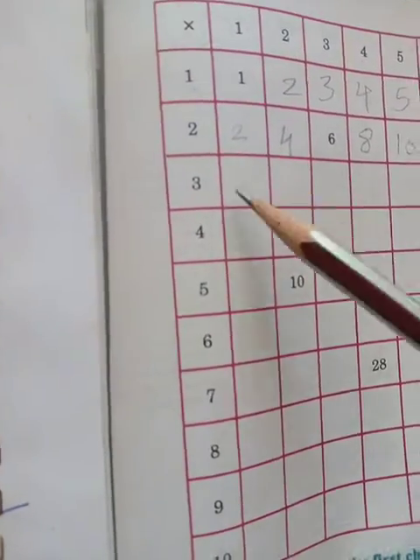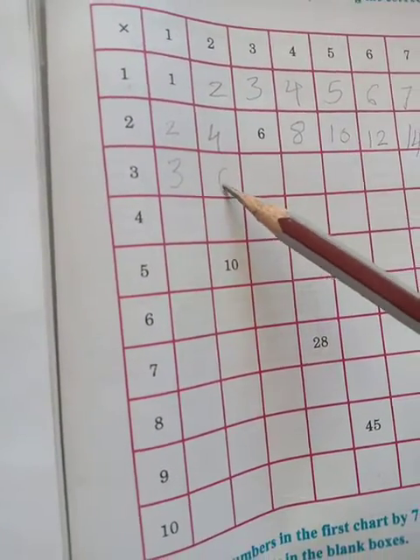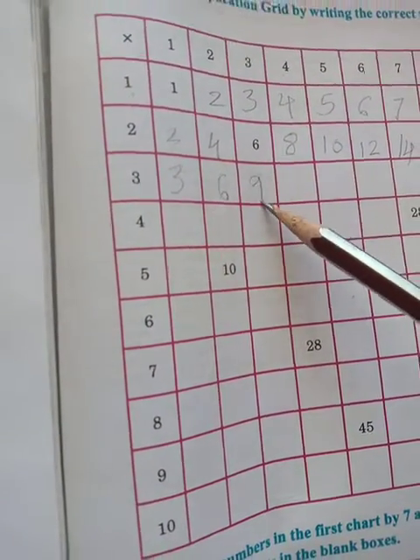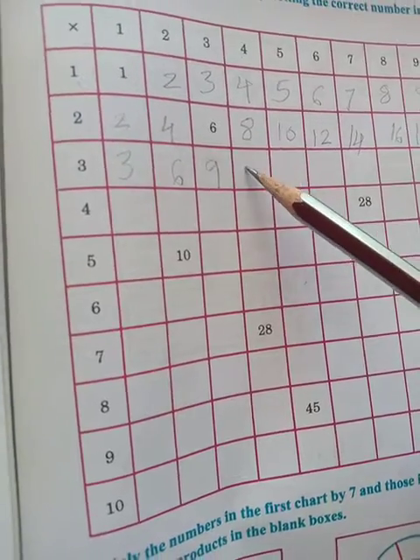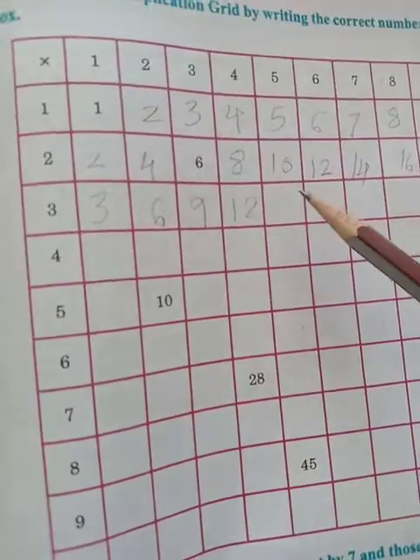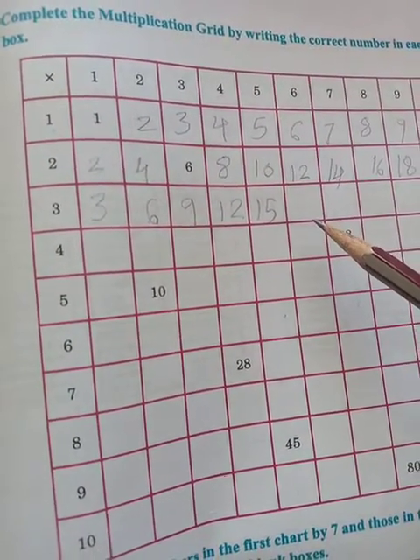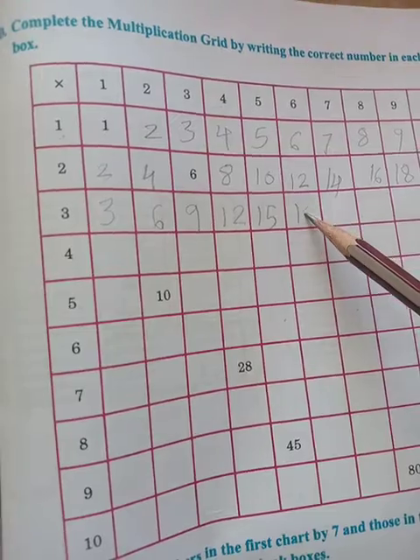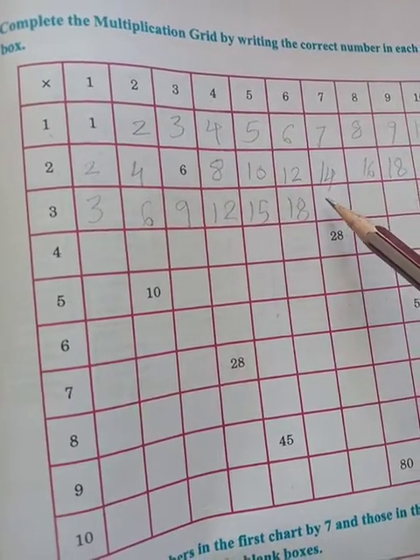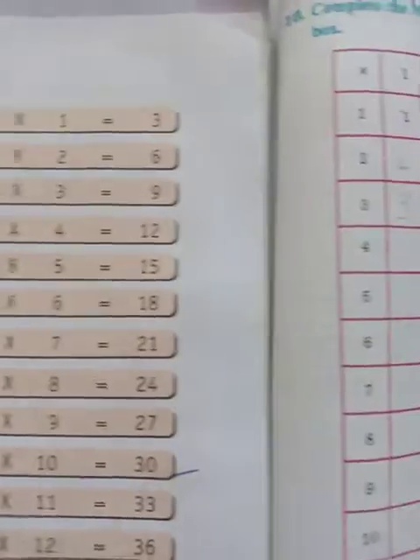Now see, 3 ones are 3. 3 twos are 6. 3 threes are 9. 3 fours are 12. 3 fives are 15. 3 sixes are 18. 3 sevens are, how much children? 3 sevens are 21.